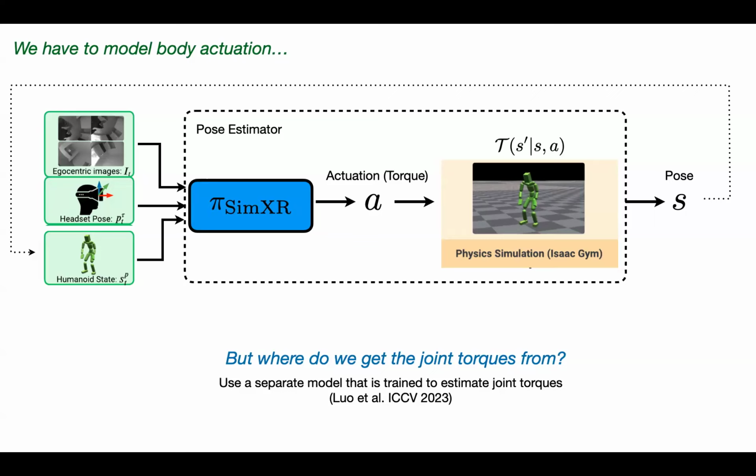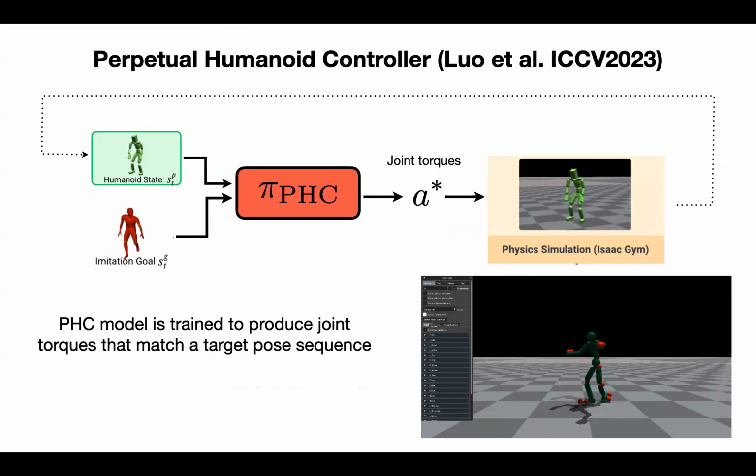Now, the tricky thing is, though, in order to learn this policy, we have to figure out what the actuation is. So how do we get the joint torques? We have a prior paper on this that Zen wrote that allows us to get a supervised signal for this actuation. This is another paper from ICCV 2023. It's called the Perpetual Humanoid Controller.